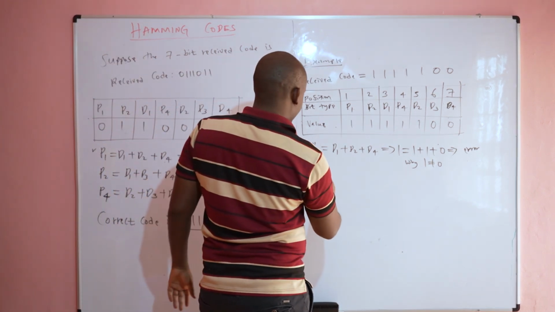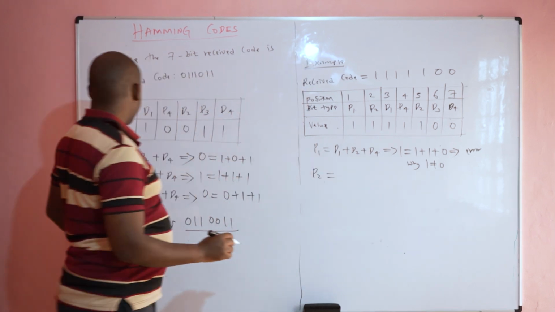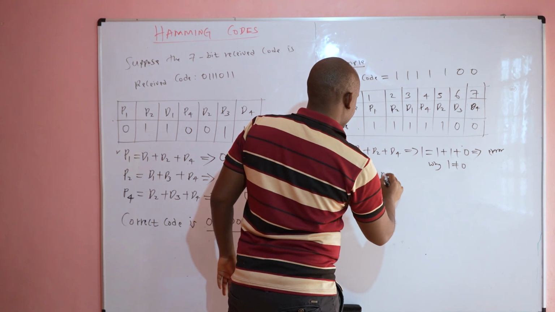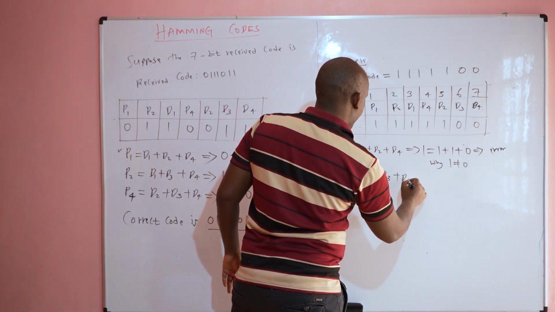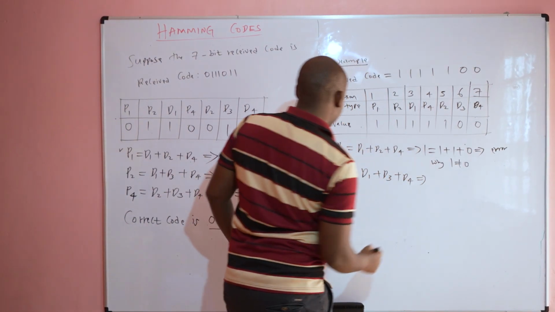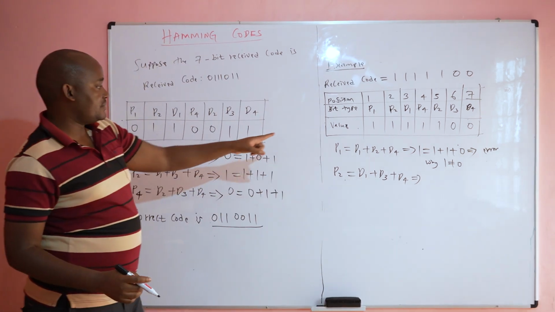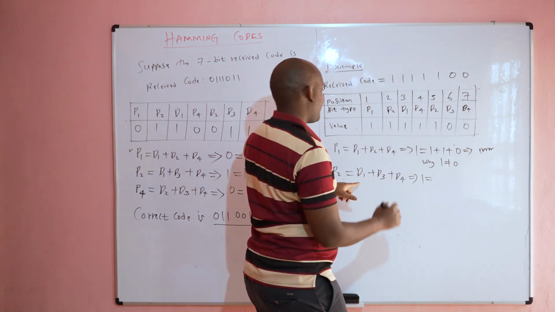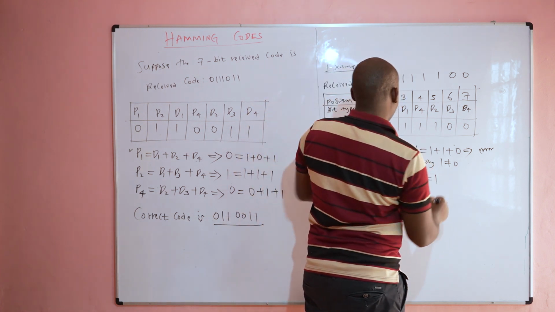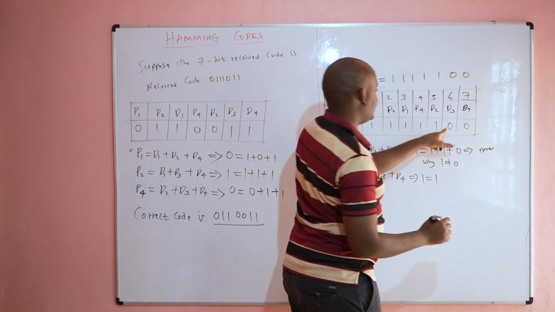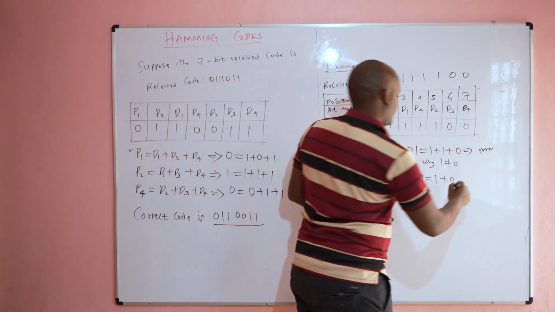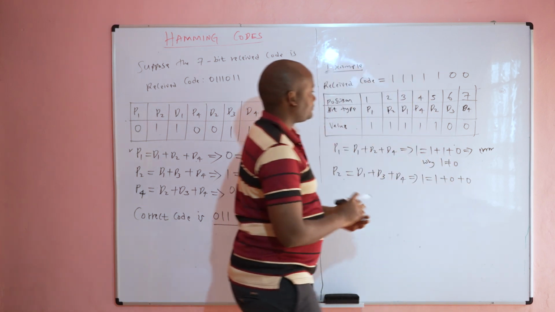When you look at P2, P2 is going to be D1 plus D3 plus D4. Implying that what is in our P2? It is 1, which is given by our D1, which is 1, plus D3, which is 0, plus D4, which is 0.